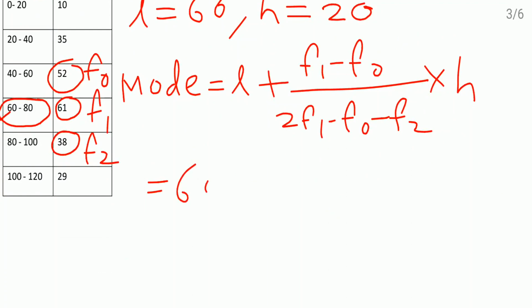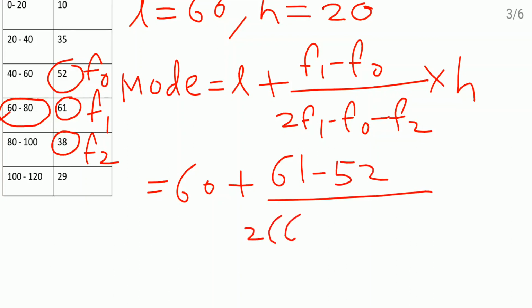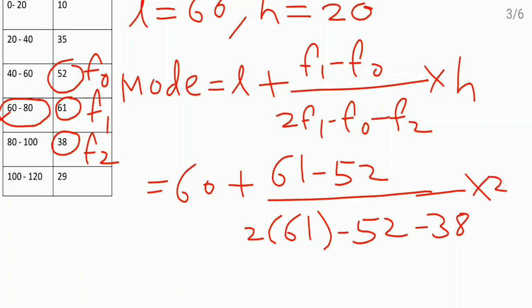Lower limit is 60, plus F1 is 61 minus 52, divided by 2 times 61 minus 52 minus F2. F2 is what? 38. So minus 38, into 20.